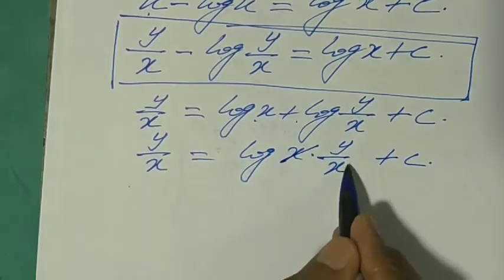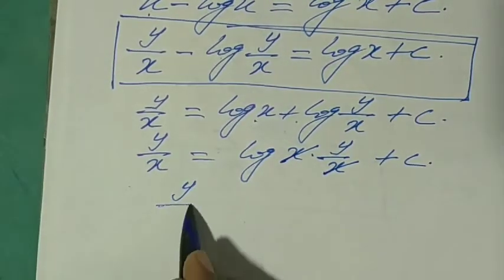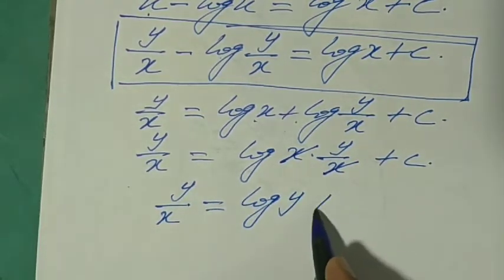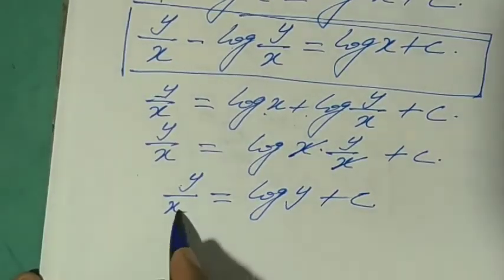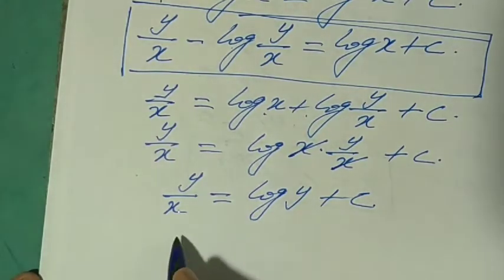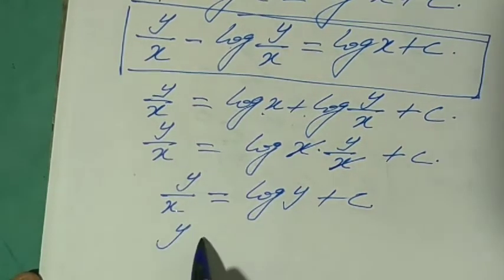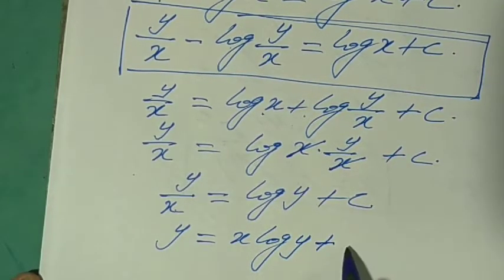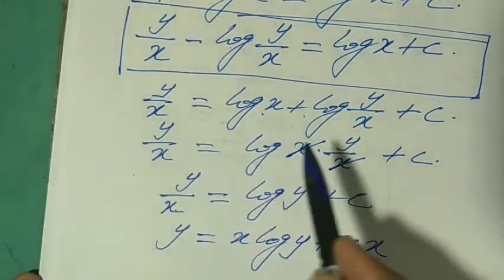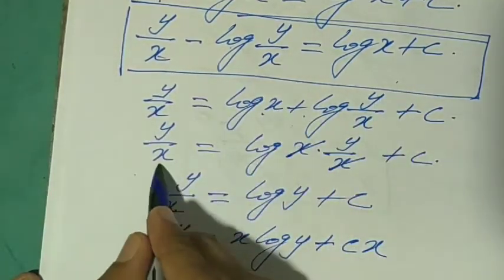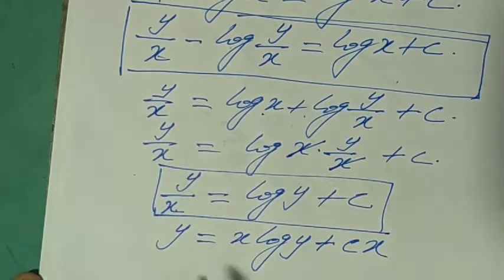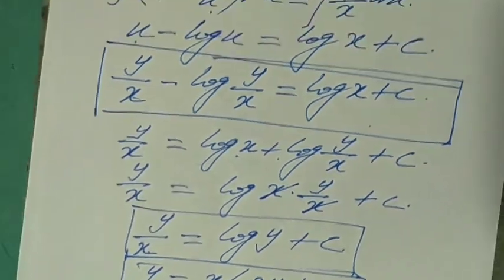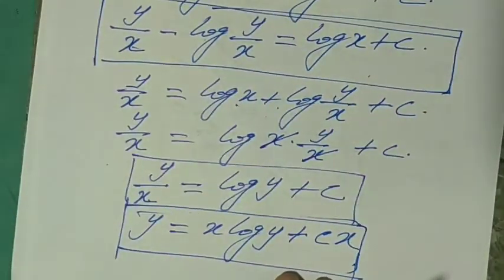This x is cancelled by this x, so you may also write it as y upon x is equal to log y plus c, or you may also transpose x to the right hand side, so that will be y is equal to x log y plus cx. So either you write this or you leave your answer here. There is no difference. All the three forms of your solutions are correct.